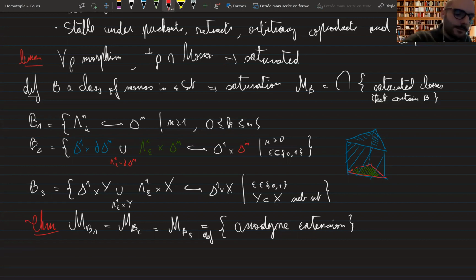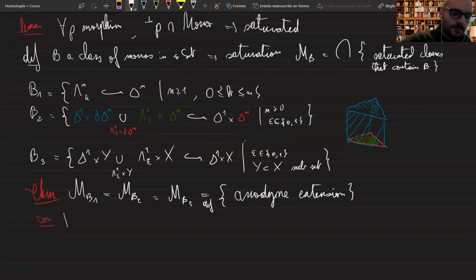And corollary, immediate corollary, is that fibrations, by definition, are stuff that have right lifting property with respect to B1. So this is pretty much by definition this.